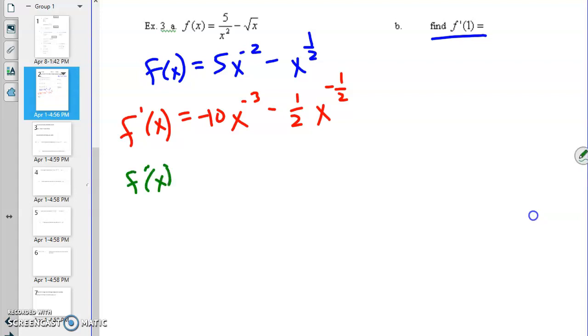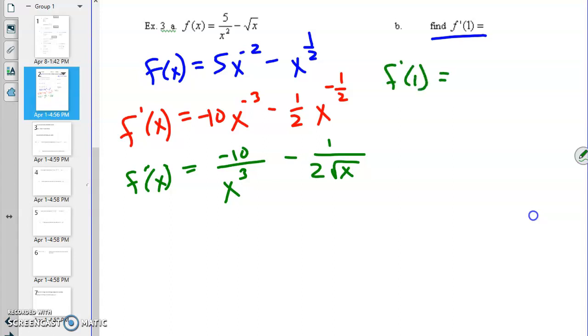F prime of x equals, what's negative 10x to the negative 3rd? Negative 10 stays up. X to the 3rd moves down and becomes positive. Minus 1 over 2, x to the negative 1/2 moves down, and I'm going to call it radical x. That's a better version of f prime. Now if I want to find f prime of 1, I'm just going to plug it in there.